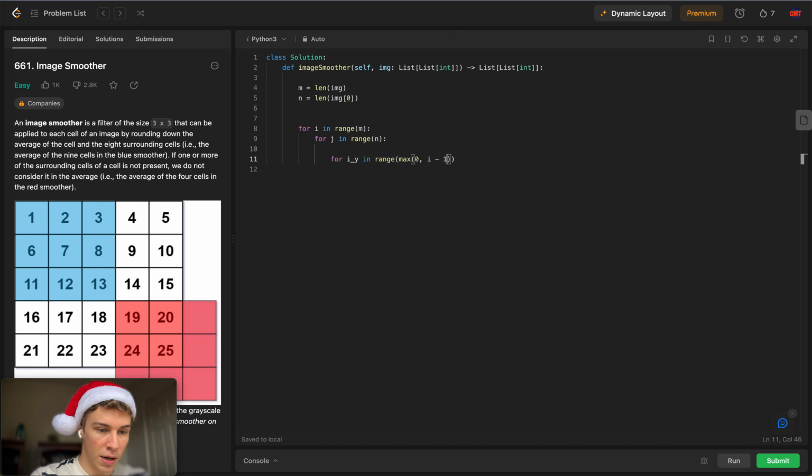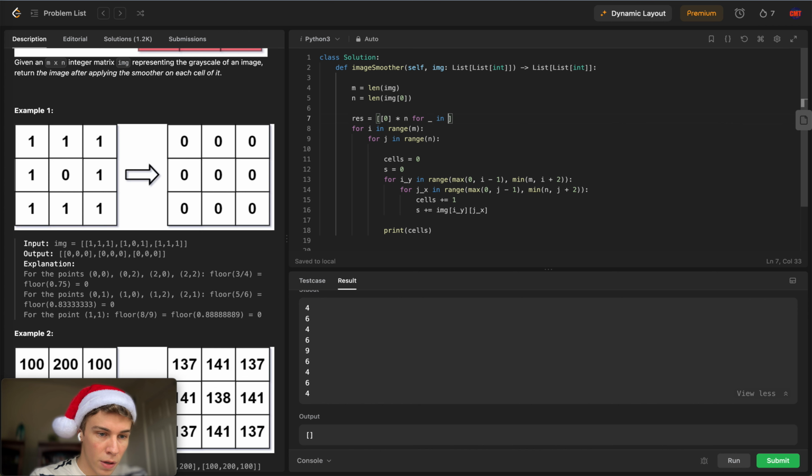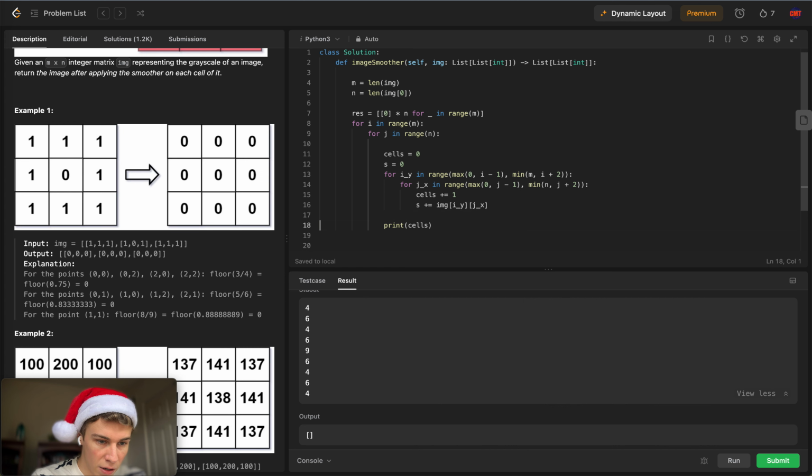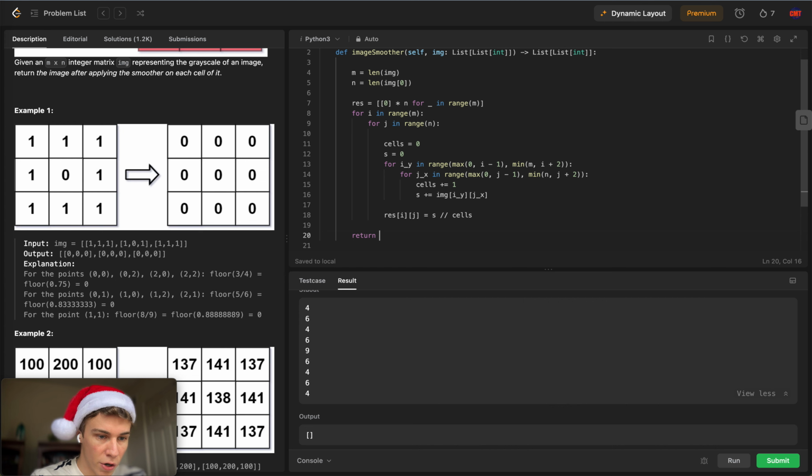This is going to be n for in range m. And res, I'm going to be setting here as i, j equaling s divided by cells. Return res.